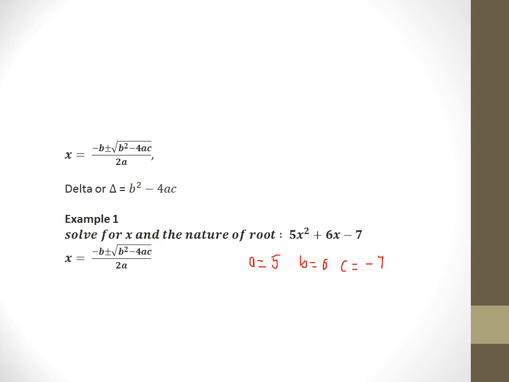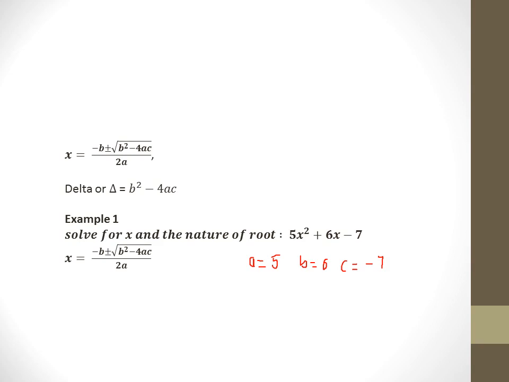And b to the power 2 minus 4ac is called delta. This is the symbol of the Greek letter delta. So delta is equal to b to the power 2 minus 4ac.